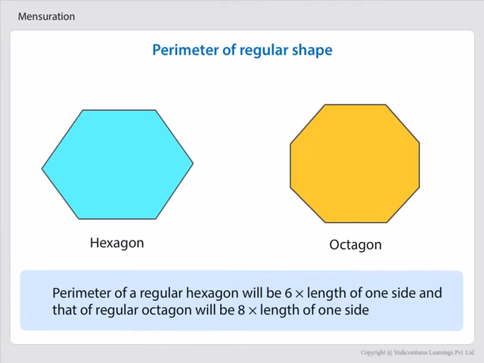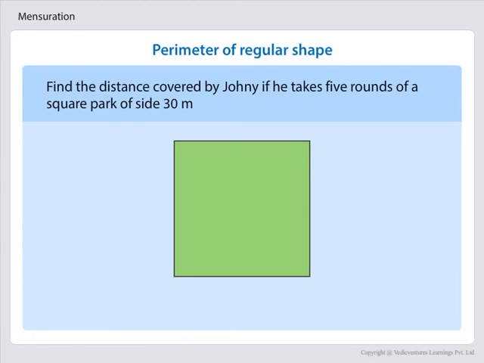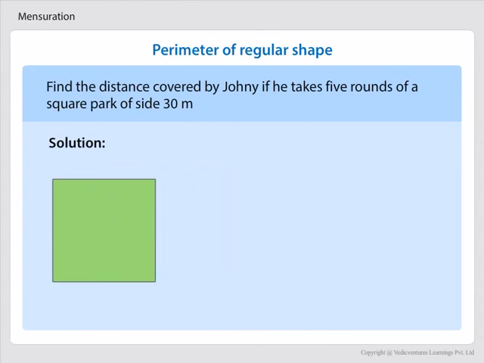Let us see an example based on the idea of perimeter. Find the distance covered by Johnny if he takes 5 rounds of a square park of side 30 meter.